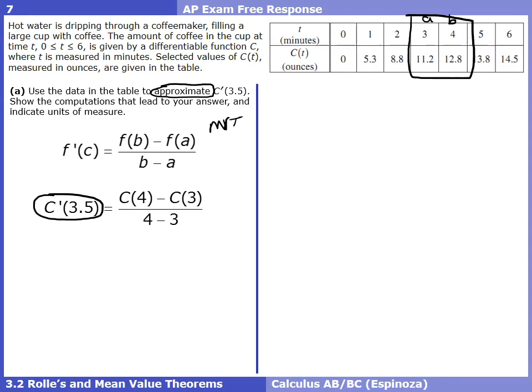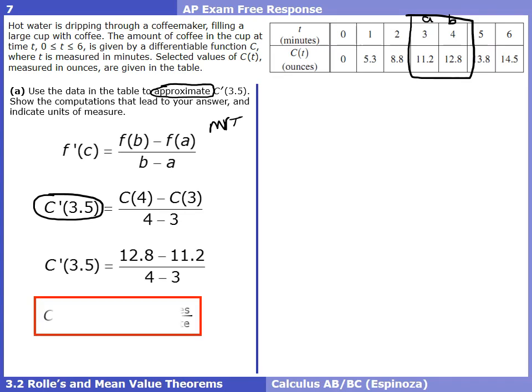Okay, so once we understand all those conceptual ideas, we just need to look at the table and plug in a bunch of numbers. C of 4 is 12.8, C of 3 is 11.2, and of course we already know we're going to use our 4 and 3. When you compute that number, you'll end up with 1.6, and the units are very important.